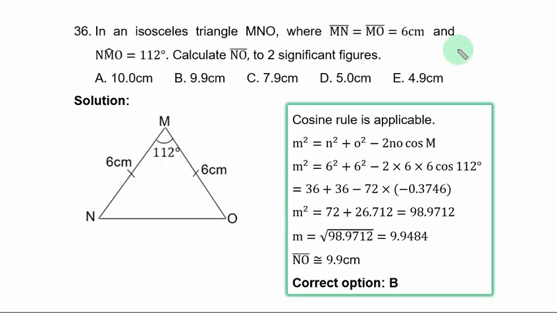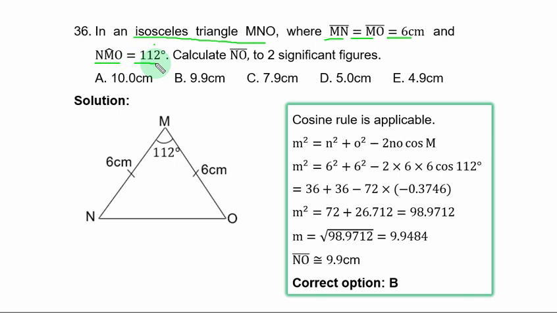Question 36. In an isosceles triangle MNO, where MN equal to MO equal to 6 cm and angle NMO is 112 degrees.